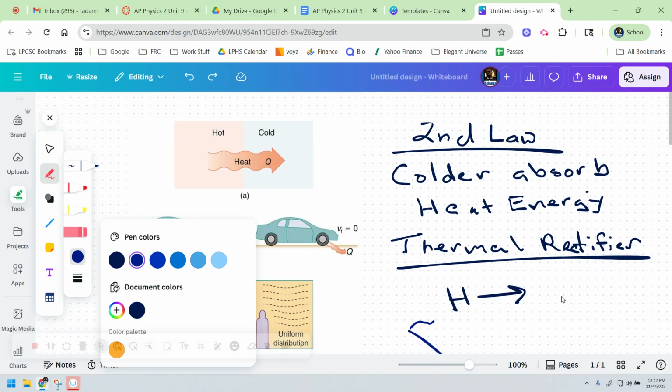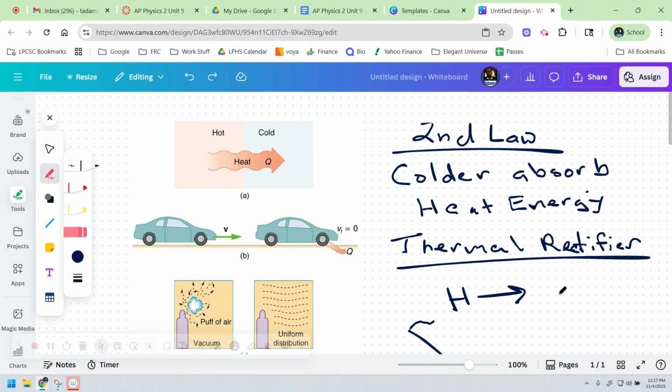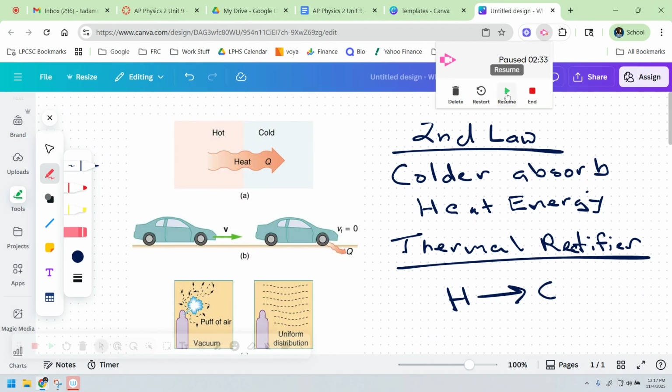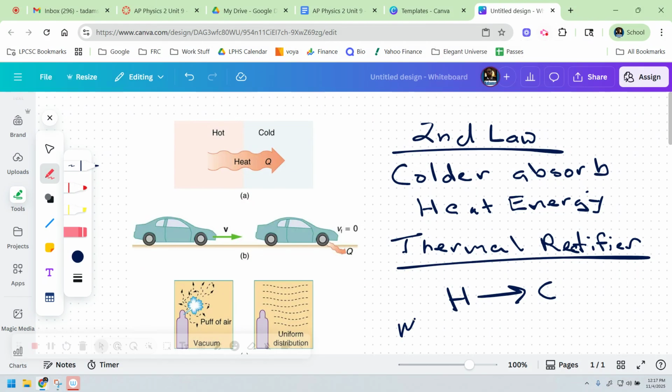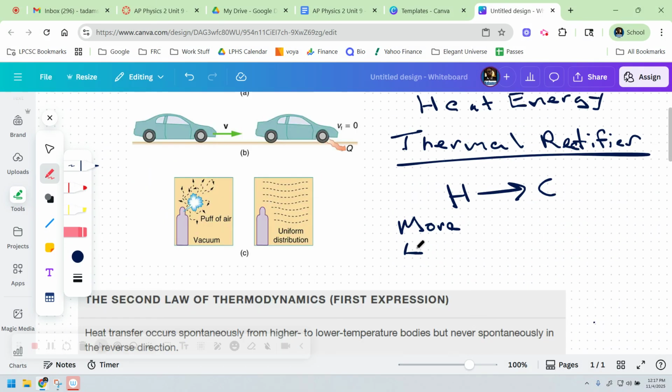So it always goes from a higher energy state to a lower energy state. So this has got more energy, to a lower energy state with regards to thermal energy, right? Heat energy.